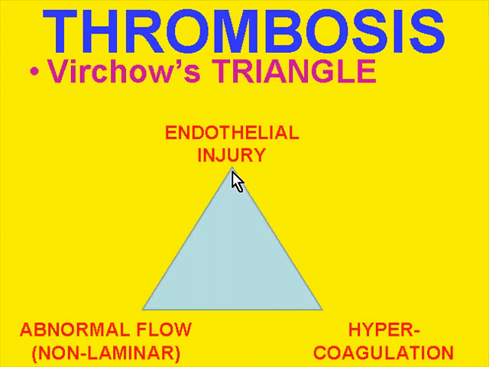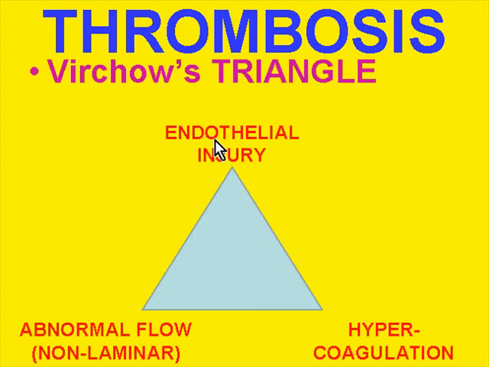And even though I could probably rattle off 24 things that would contribute towards thrombosis, they can all be summarized in 3 categories, and that's why they call it Virchow's triangle of endothelial injury, abnormal flow, and hypercoagulation.